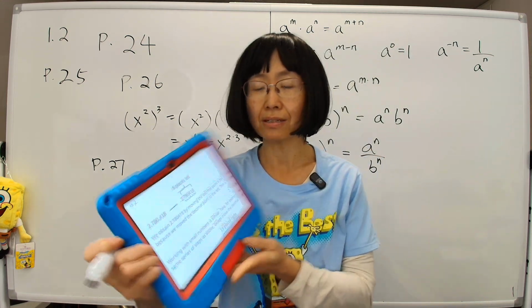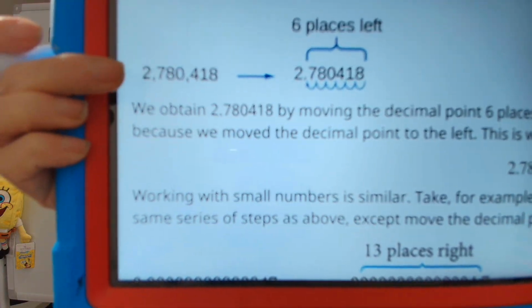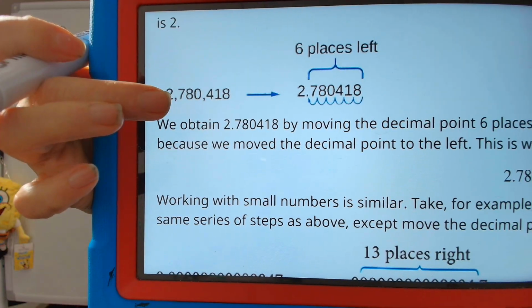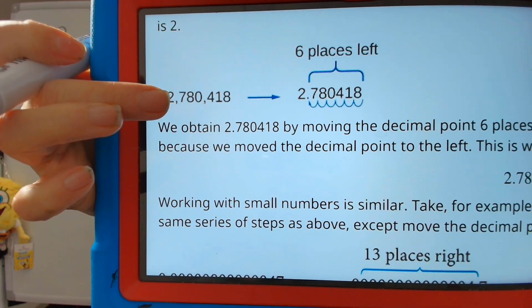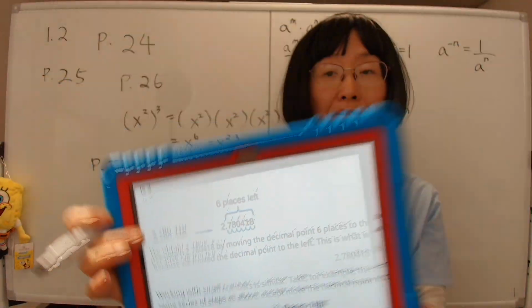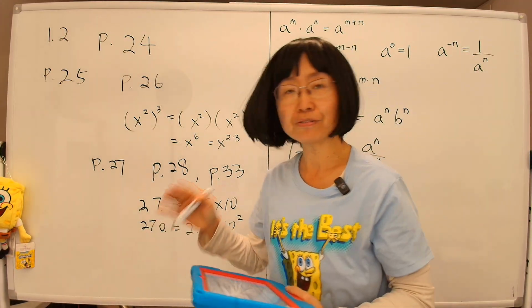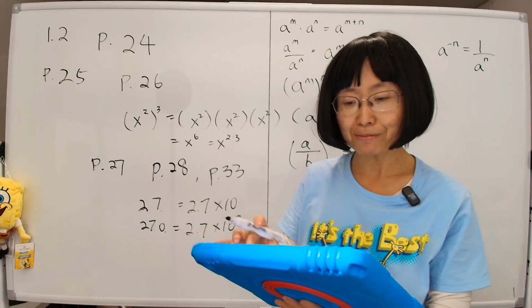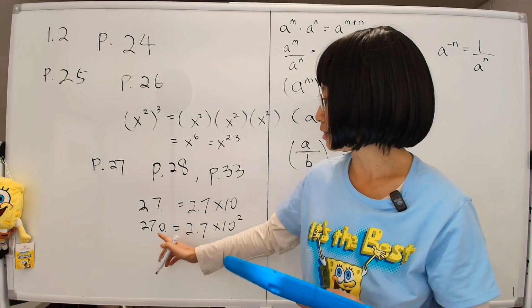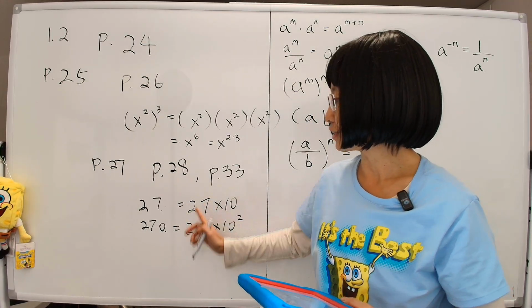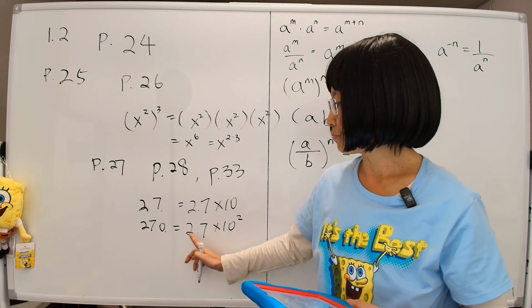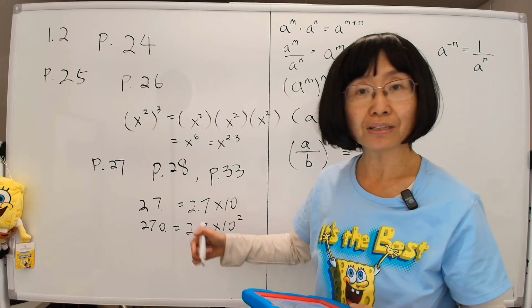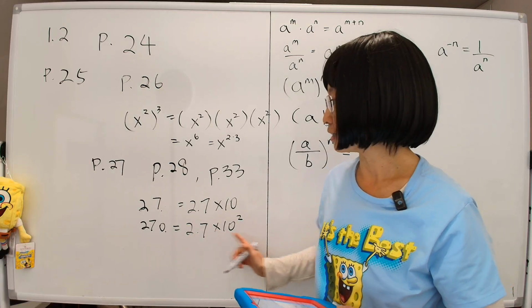For example, here's a number that's 2 million something, and the decimal point is after the 8, so we move it all the way up here, so it becomes 2.7 something, and then multiply it by 10 to the power 6. Because you have moved it 6 places, you multiply by 10 to the power 6. This is the scientific notation, which has one digit here that's between 1 and 9. If it's more than that, you move the decimal point accordingly.